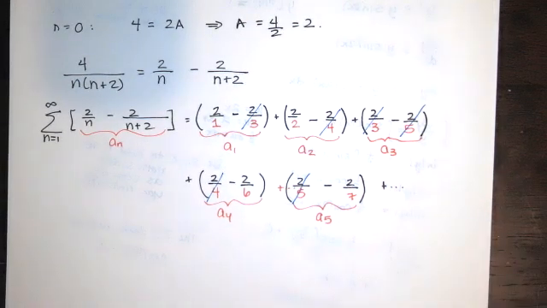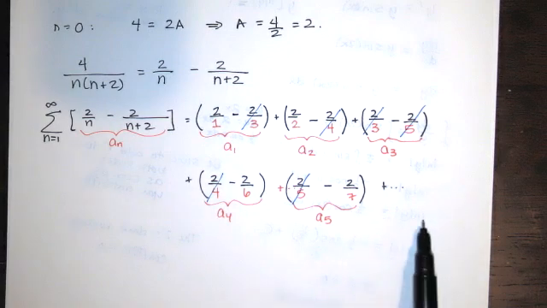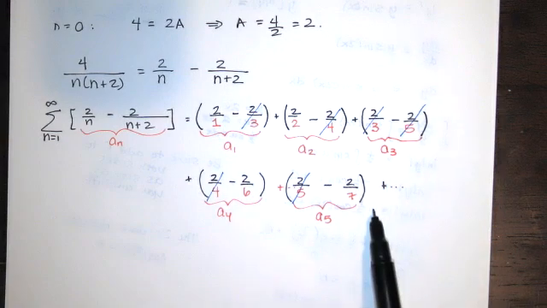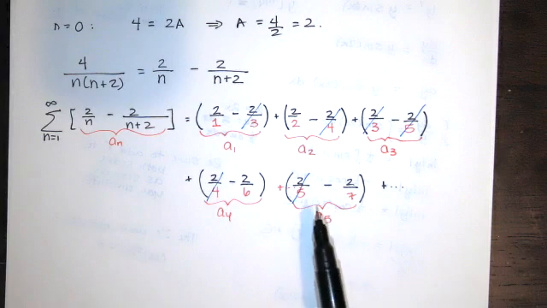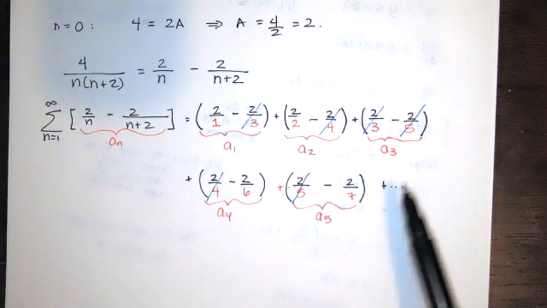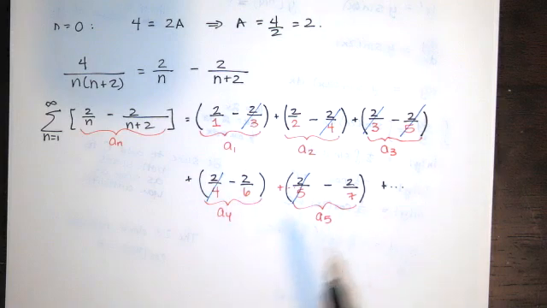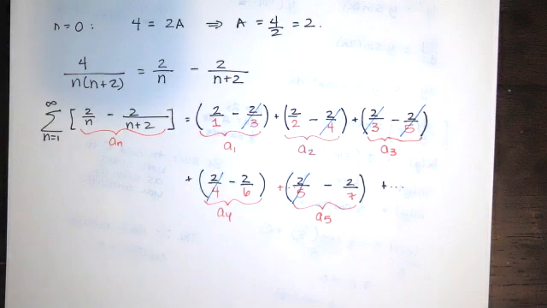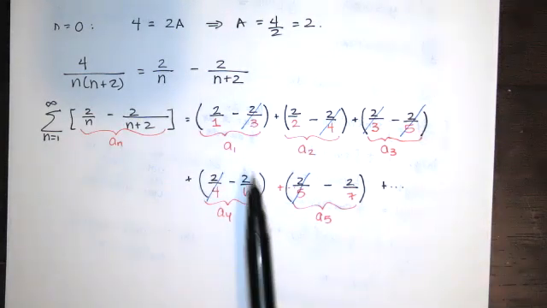So when we do this, we end up with a finite number of terms. On the next one, when n equals 6, we're going to have a positive 2 over 6, and that negative 2 over 6 will cancel. And then the one after that, we're going to have a positive 2 over 7 to cancel with the negative 2 over 7. So that's what I meant when I said that the partial sums will have a finite number of terms. They always have a finite number of terms because n is always finite.